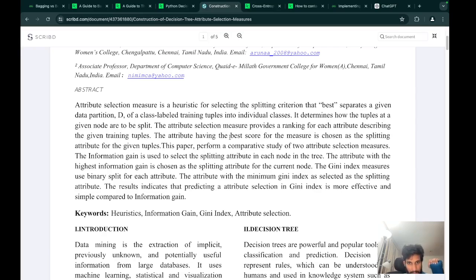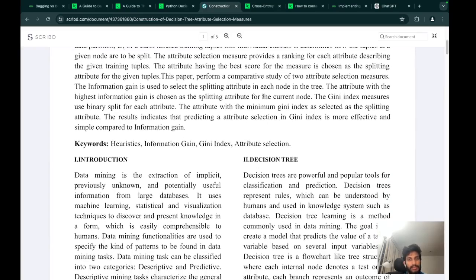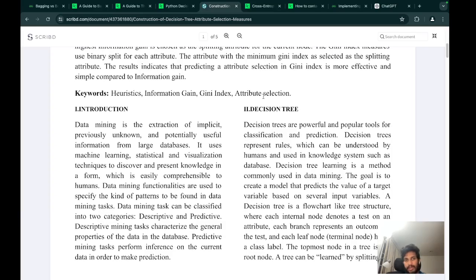The results indicate that predicting attribute selection with the Gini index is more effective and simple compared to information gain. I don't read these articles out loud in general, I read them carefully, so I never see so many mistakes.